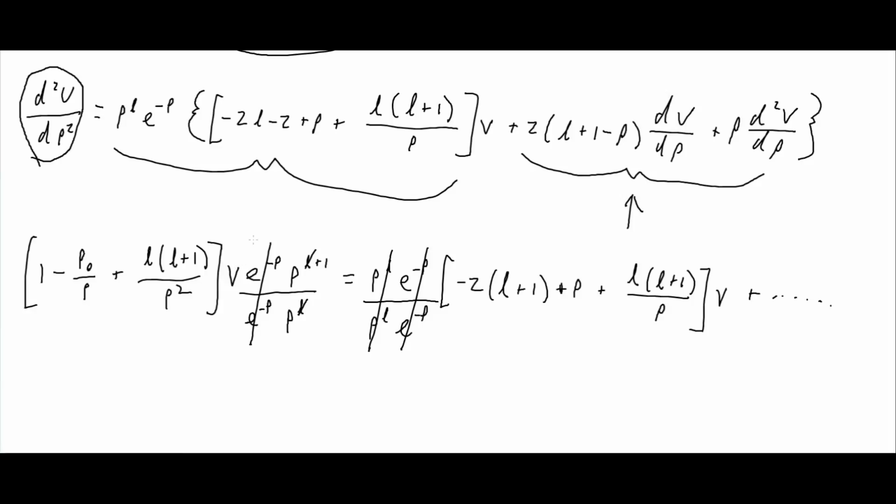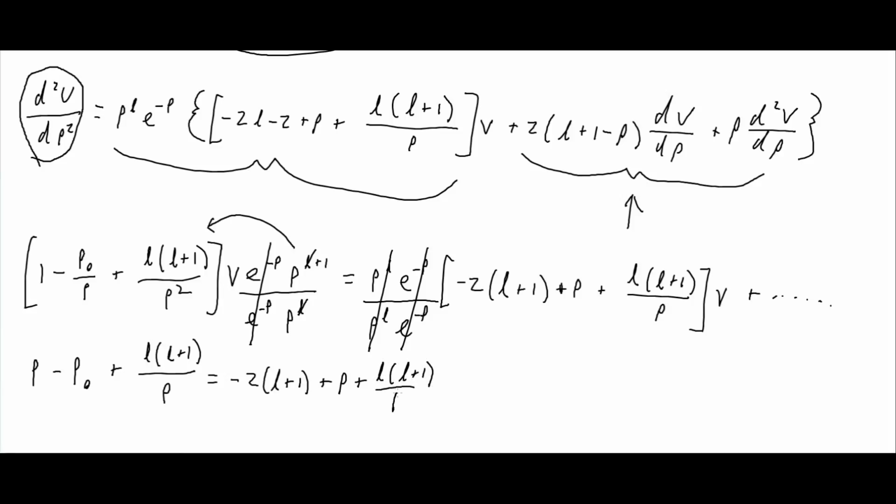And so if I distribute that rho into here, then what we end up with is rho minus rho naught plus L times L plus 1 over rho, and then that is equal to the minus 2 L plus 1 plus rho plus the L times L plus 1 over rho.